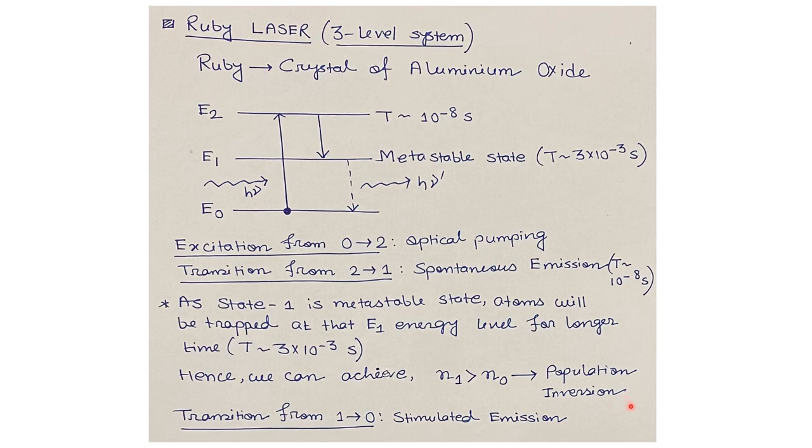Now if we can achieve the population inversion, then we can easily get the enhanced stimulated emission, and that process will happen in between the energy state 1 to 0. So we understood how the laser effect happens in the case of the ruby laser.